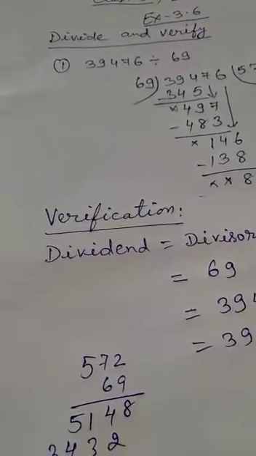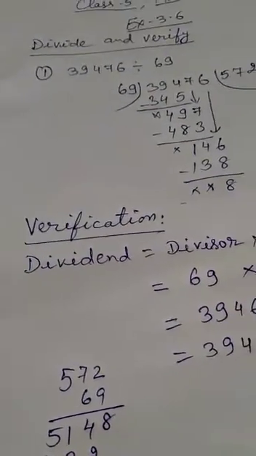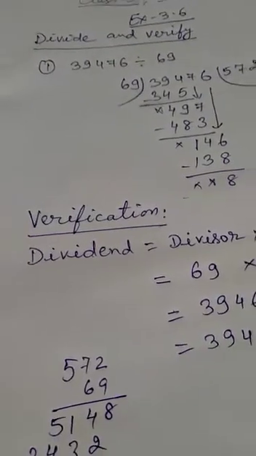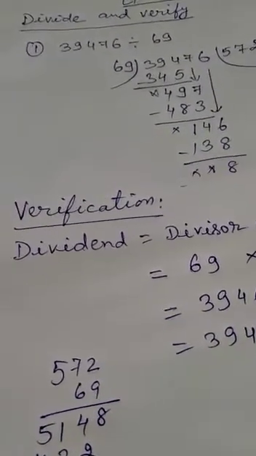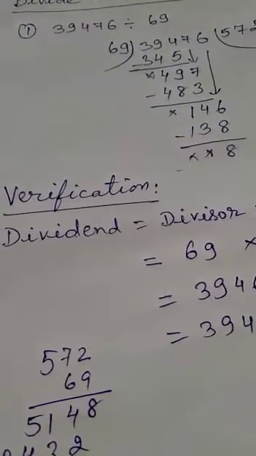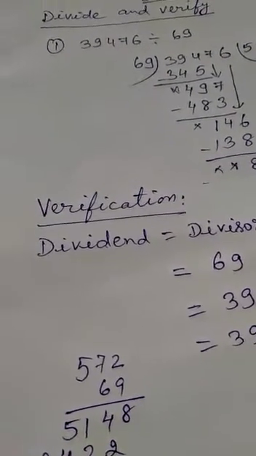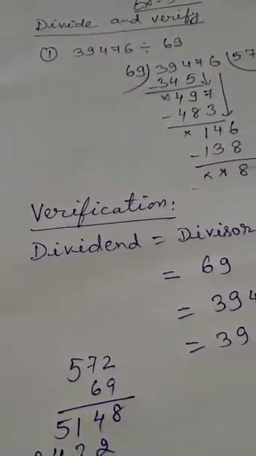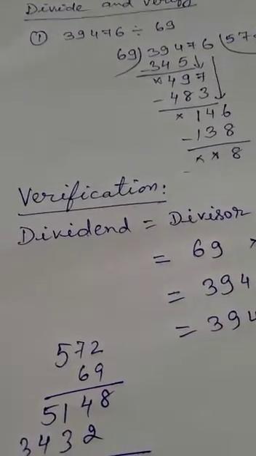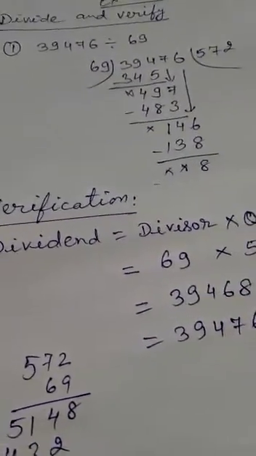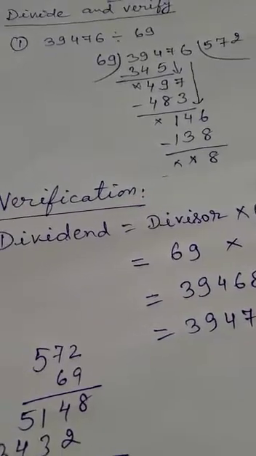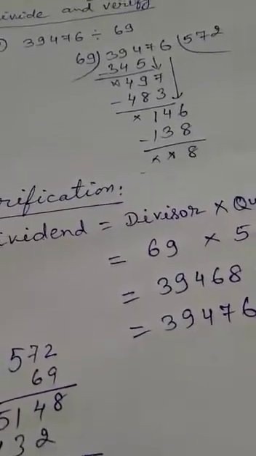And the outcome of division is called the quotient. And what is remainder? The part of the dividend which is left undivided is called the remainder. And keep in mind this, remainder is always less than the divisor. If the remainder is more than the divisor, it means the division is wrong.